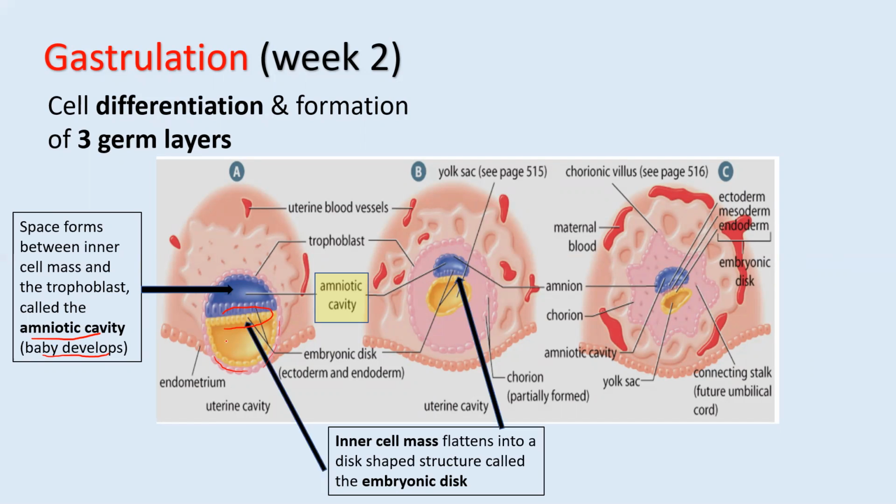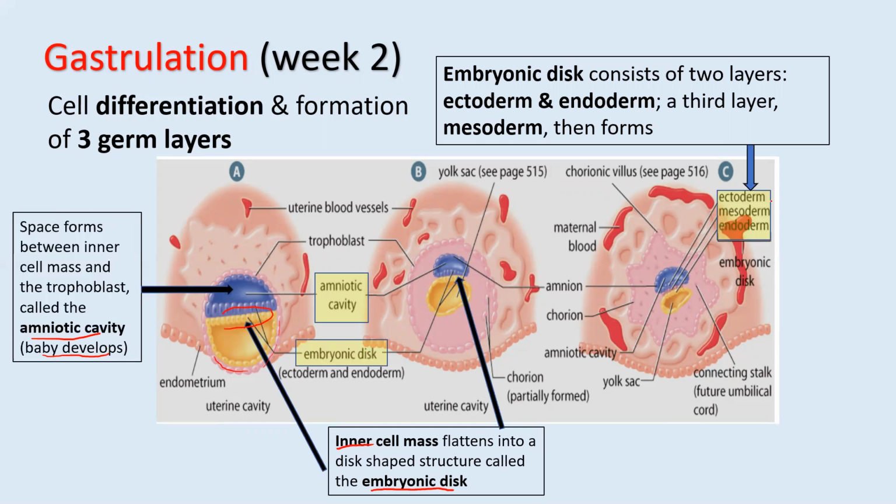Inner cell mass flattens into a disc, and we call that the embryonic disc. And the folding of the embryonic disc will form 3 germ layers: ectoderm, mesoderm, and endoderm. And when those 3 germ layers form, we get cell differentiation. The cells become different, and they get formed into 3 different germ layers.